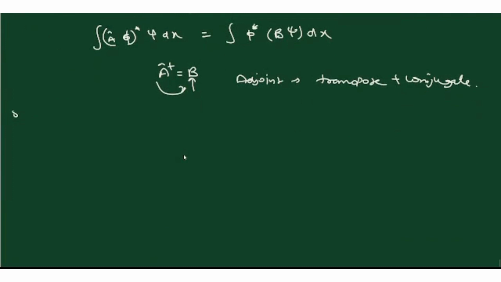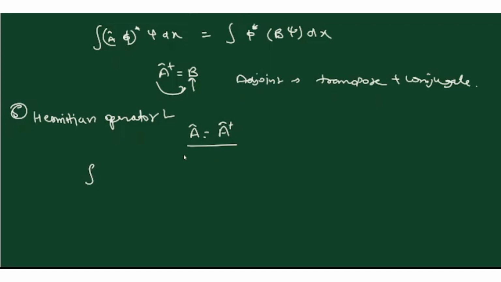Now we are going to the fifth operator, which is the Hermitian operator. You all know, in quantum mechanics this is a very basic thing: an operator A is called Hermitian if A is equal to A dagger. Basically, this is the rule here. So how will you know that A is equal to A dagger?